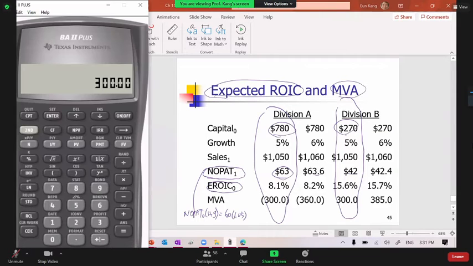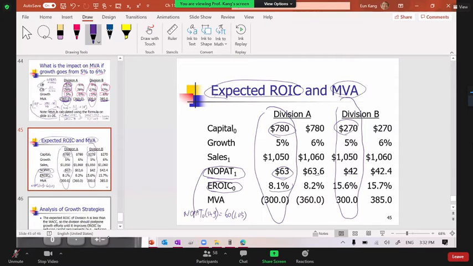Let's check. 63 over 780 is 0.08. Don't forget to multiply by 100. It is 8.08, more accurately 8.1. So we know that EROIC is 8.08%, right? And all the other numbers, again, you can check.